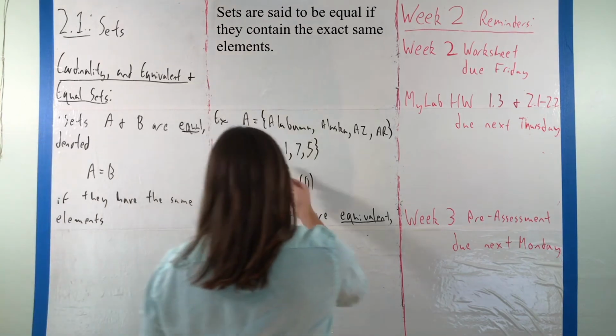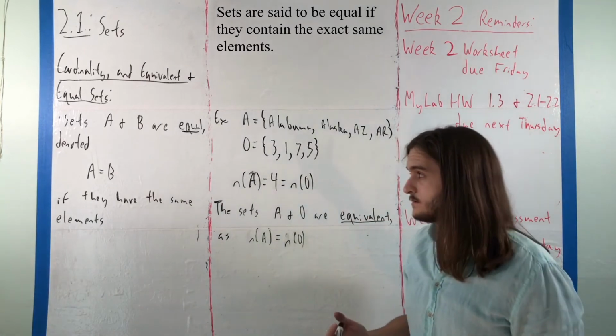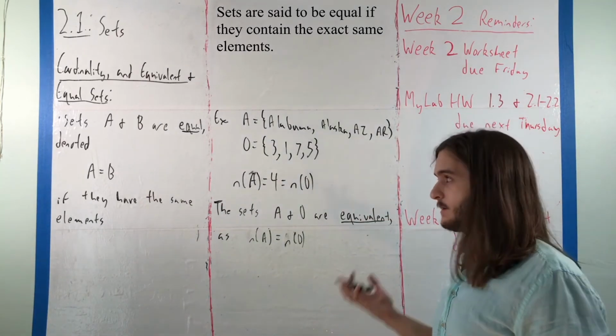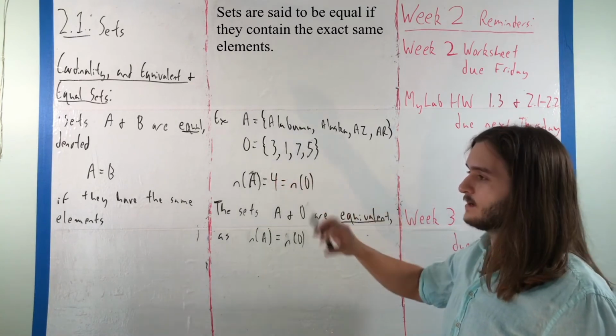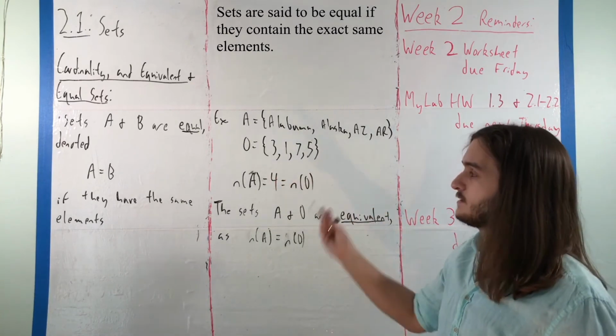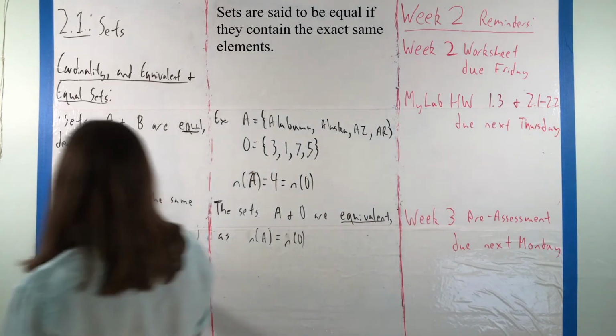So that's where this idea of reordering comes in. That's another way of looking at the idea that 1, 3, 7, 5 is the same as 1, 3, 5, 7 is the same as 3, 1, 5, 7.